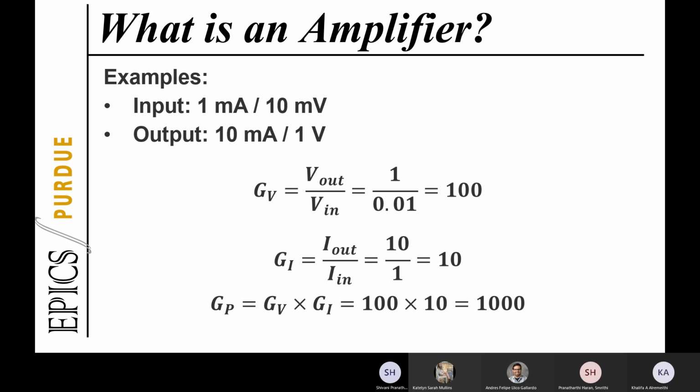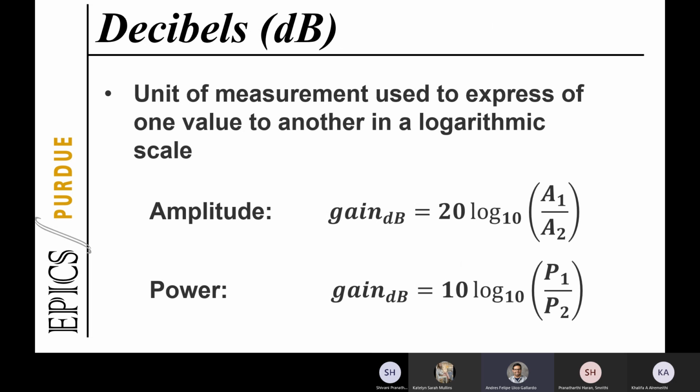So normally this is correct. This is telling me how much the amplification is, but normally people have used a different scale to quantify this gain. That's where this unit called decibel is used, and this takes the ratios and transforms them into a logarithmic scale.